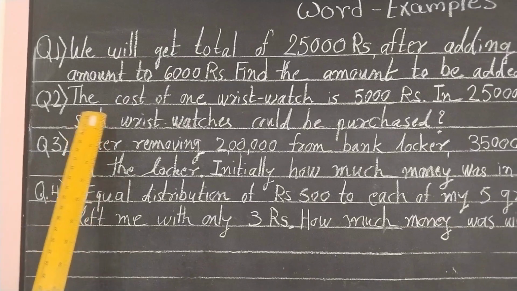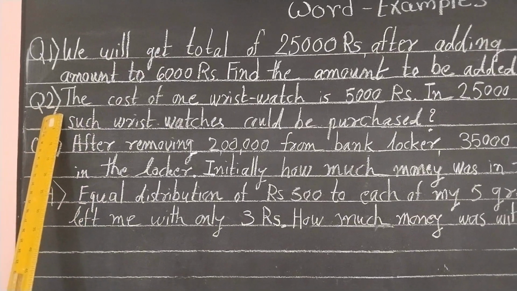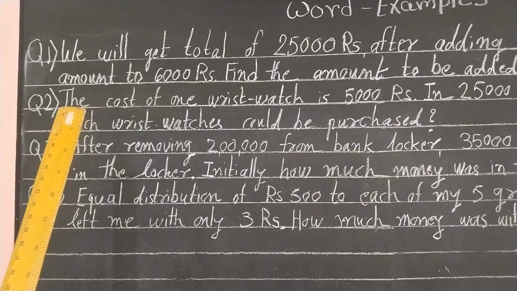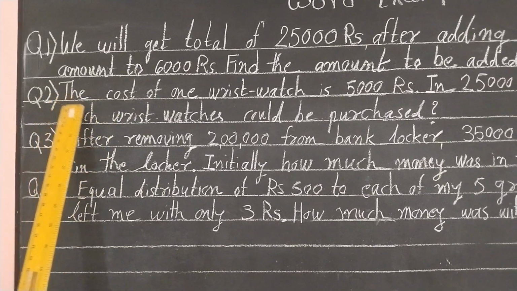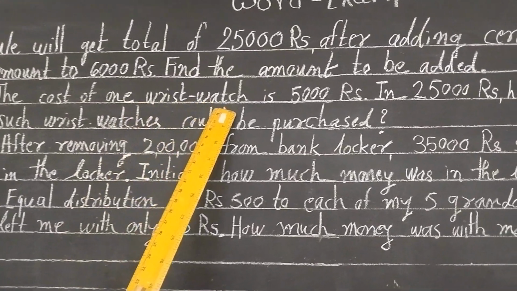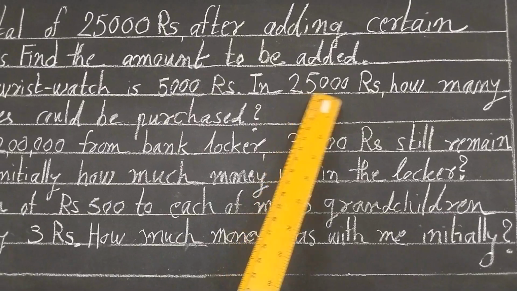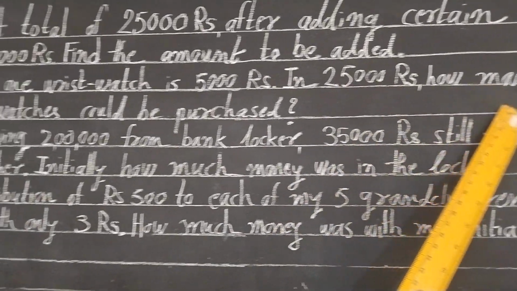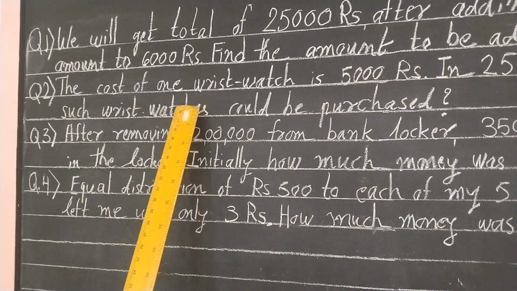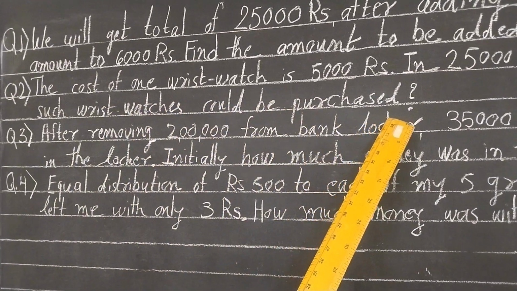Let us take example number 2 under Multimar examples. The cost of one wristwatch is 5,000 rupees. In 25,000 rupees, how many such wristwatches could be purchased?